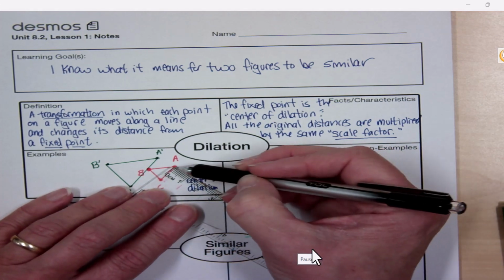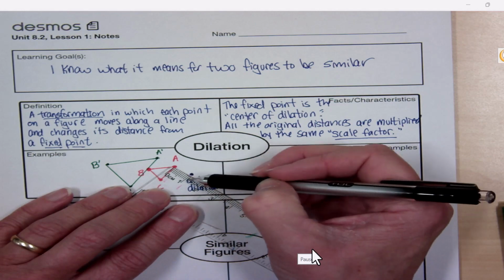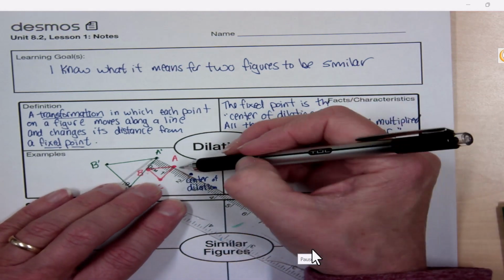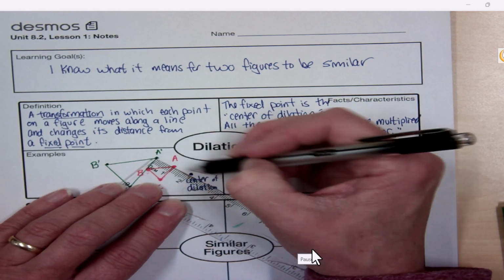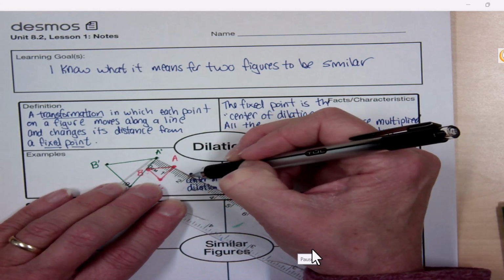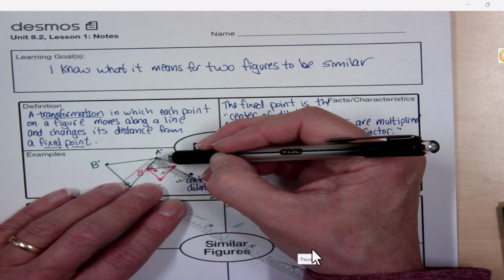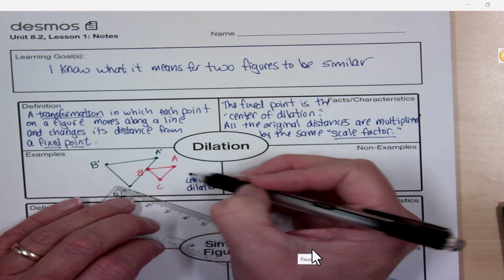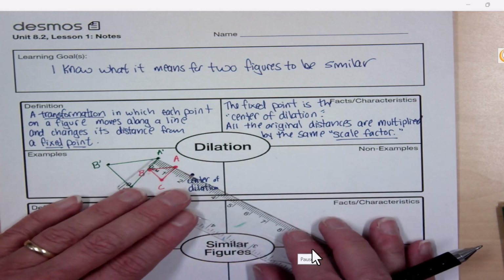In this case, with point A, that distance is 1. And I just doubled it. I multiplied that distance by 2, and that's the distance between the center of dilation and my image. Okay. So if this distance is 1, the distance to the image is double that.